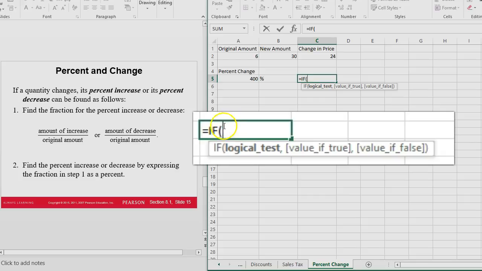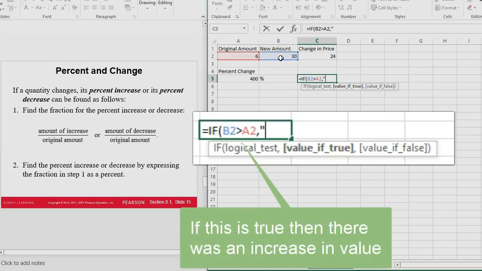You can type in if the new amount, so click that, is greater than the original amount, comma, value if true. What are we going to type in this cell if the new amount is bigger than the original? Well, that was an increase, so I'm going to put a quote, increase.